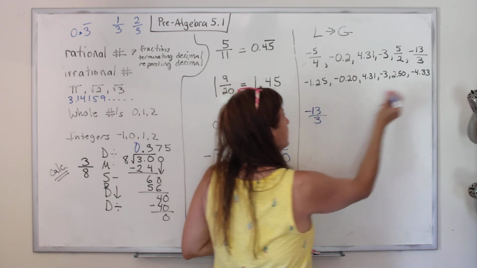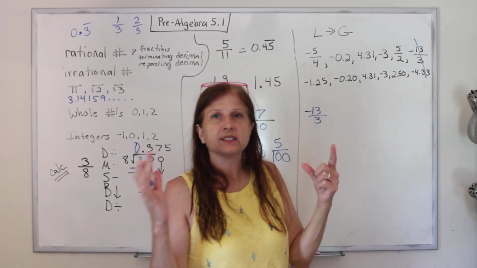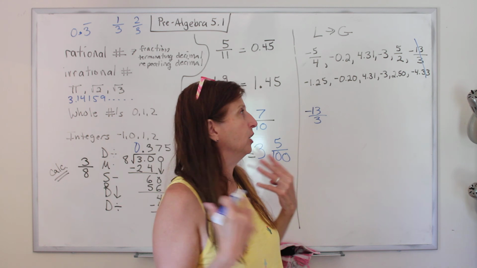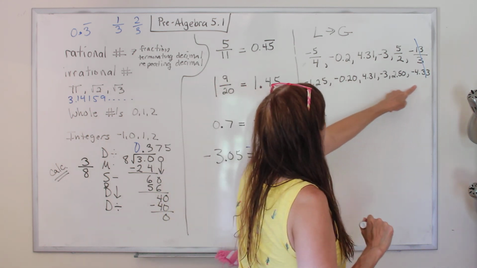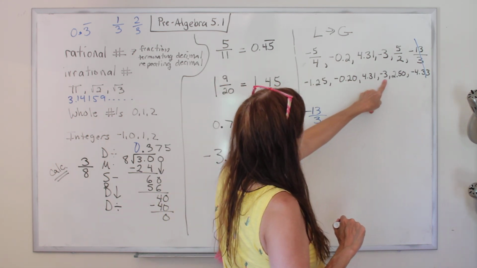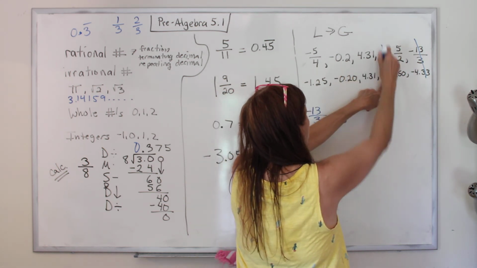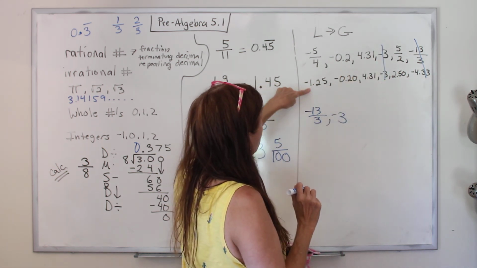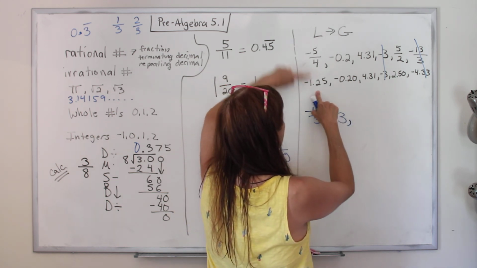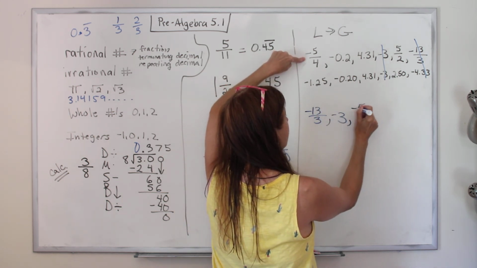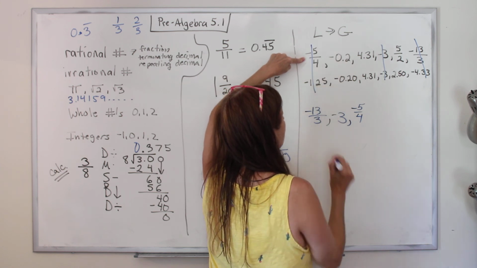And when I do this, I mark them off, because organization is everything to me in math. Okay, the next one, we have a negative 3, so I think that's next. And its original form was negative 3. Here we have a negative 1.25, so I'm going to do that one next. Negative 5/4, mark them out.